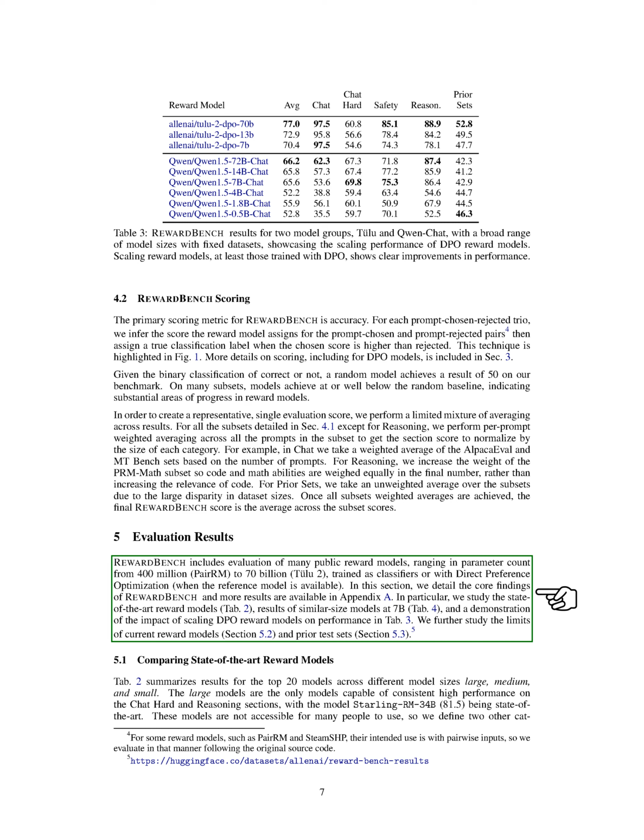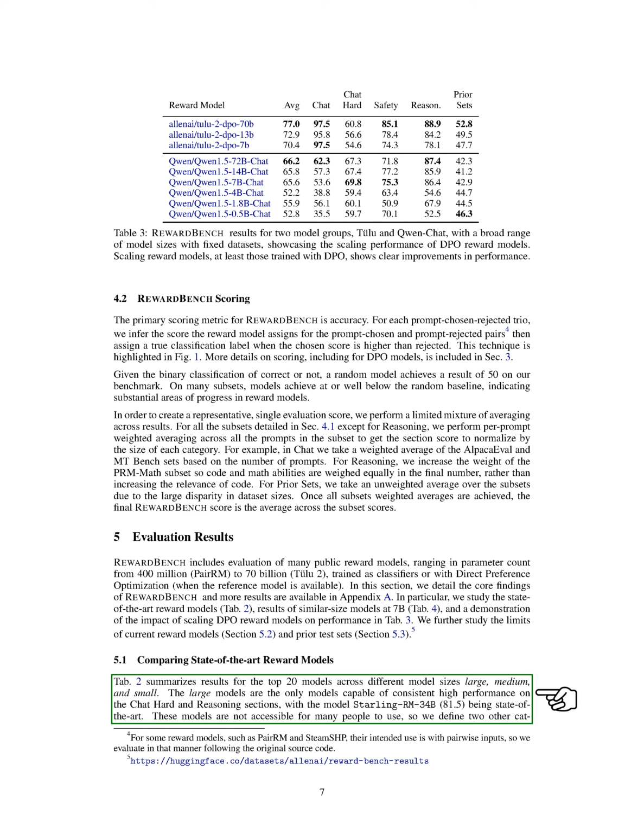We delve into the comparison of state-of-the-art reward models. The top 20 models are summarized across different sizes: large, medium, and small. Large models demonstrate consistent high performance on sections like chat, hard, and reasoning, with the model Starling RM 34B leading the pack.